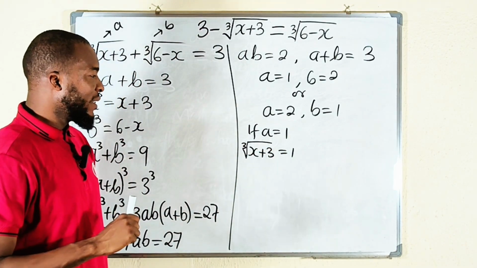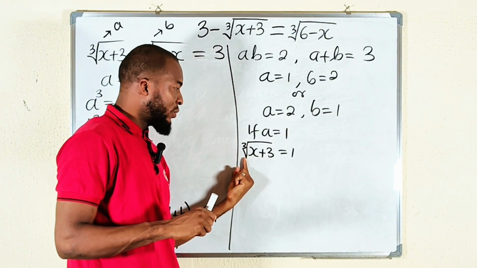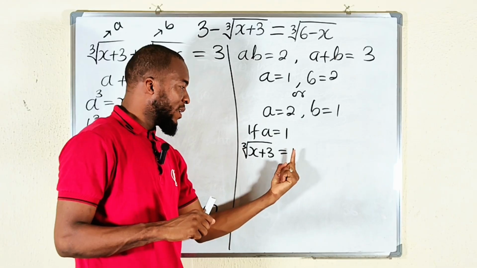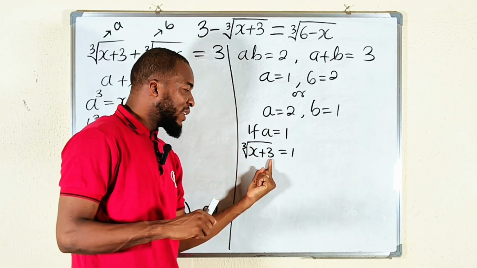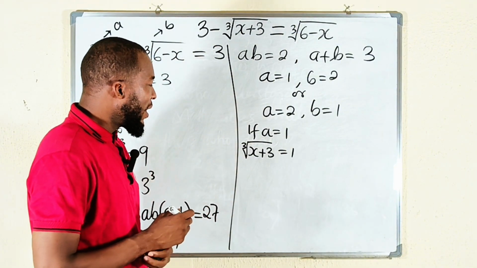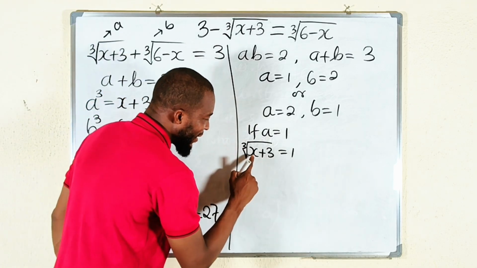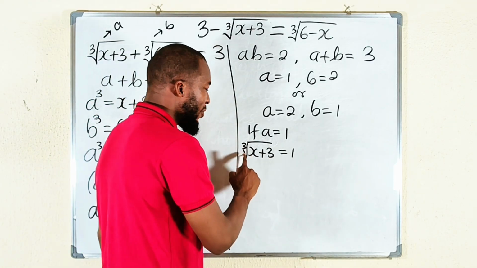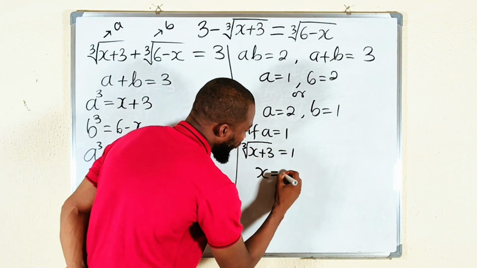If you cube both sides, just to eliminate this cube root, you have x plus 3 equals 1, because 1 to the power of 3 is 1. And x plus 3 equals 1 implies what? x must be equal to minus 2. Because, can you see that? Minus 2 plus 3 is 1. Cube root of 1 is 1. So x here must be equal to minus 2.